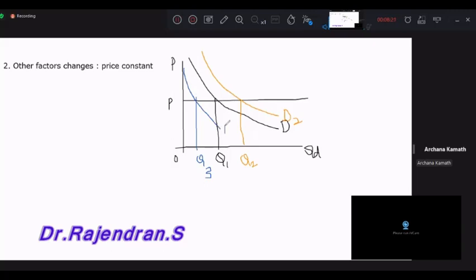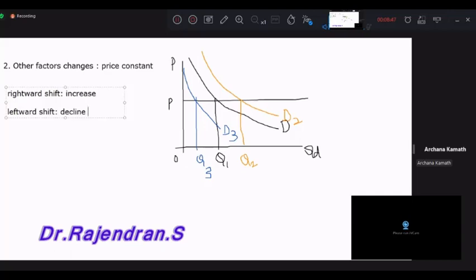This causes the demand curve to shift towards left, causing you to consume lesser. So rightward shift of demand means there is an increase in the quantity of the commodity demanded, and leftward shift means there is a decline in the quantity of the commodity demanded.